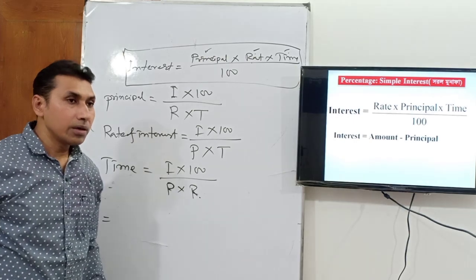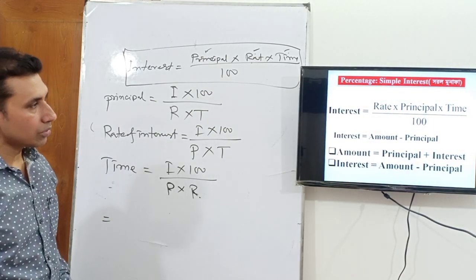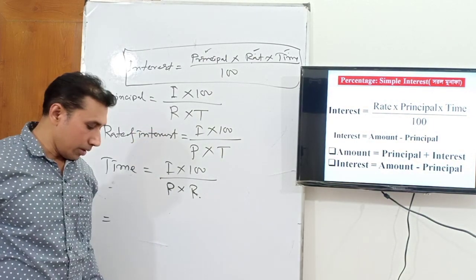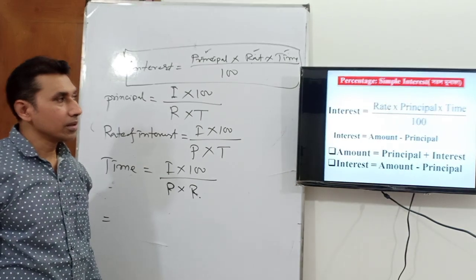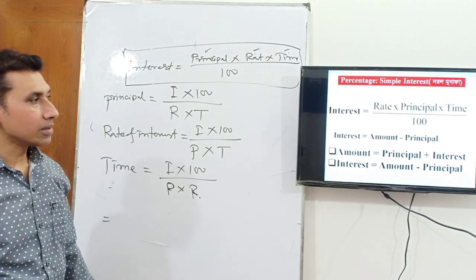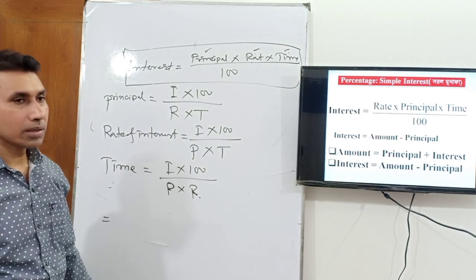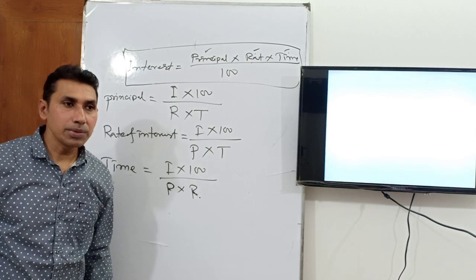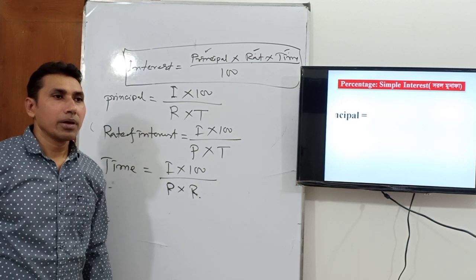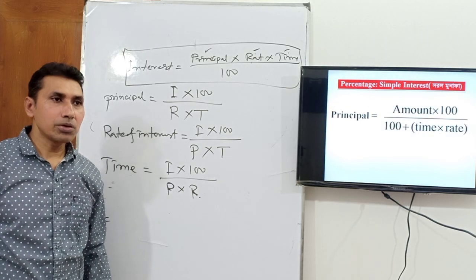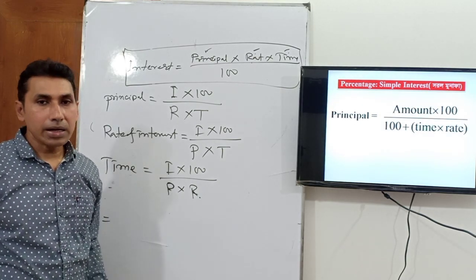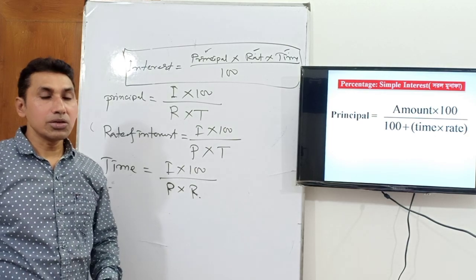Okay, now to show from this slide, that means interest equal to amount minus principal, and amount equal to principal plus interest. Then principal equal to amount into 100 divided by 100 plus rate into time.